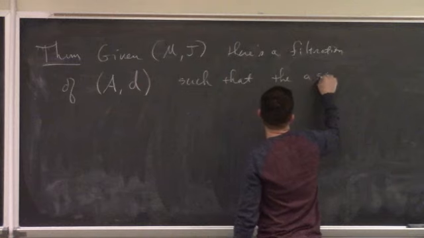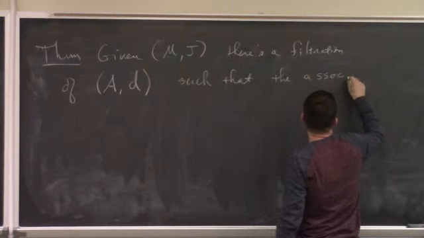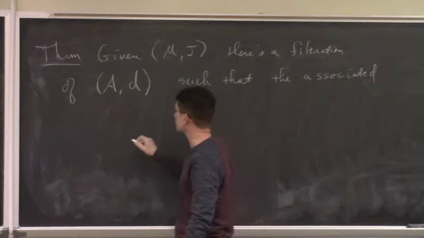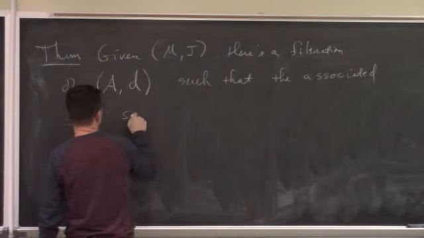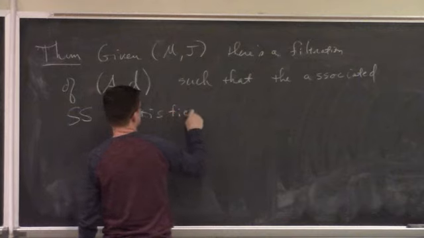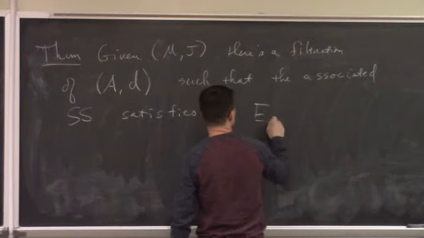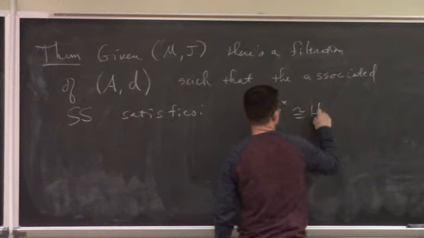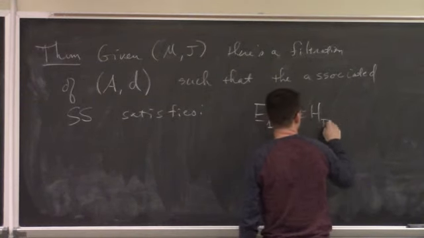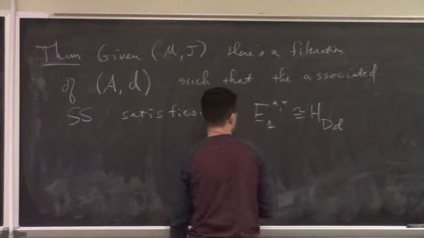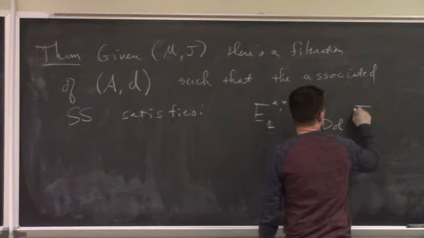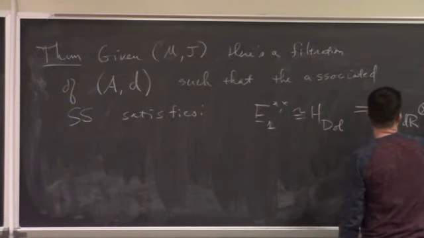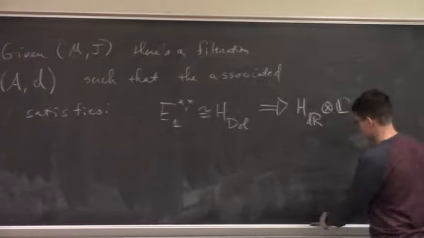And the statement is that for this particular filtration, the associated spectral sequence satisfies that its first page is exactly this group we were considering, and it converges to the de Rham cohomology of the manifold.